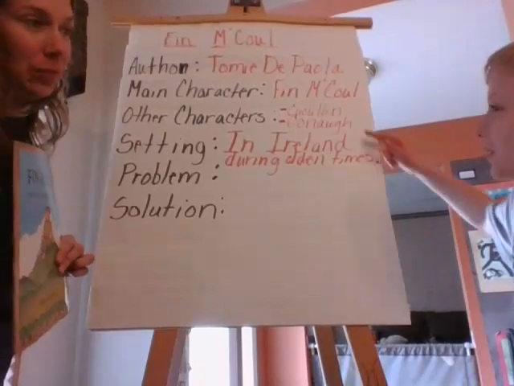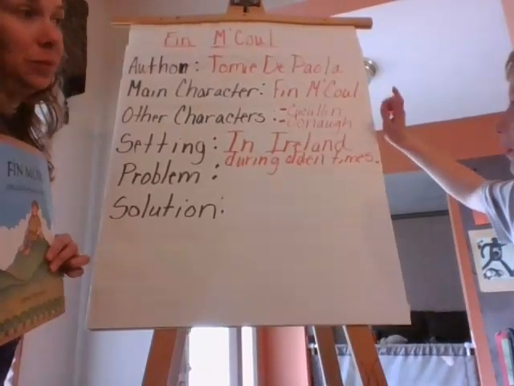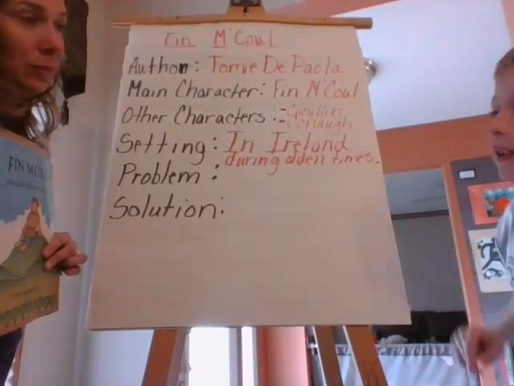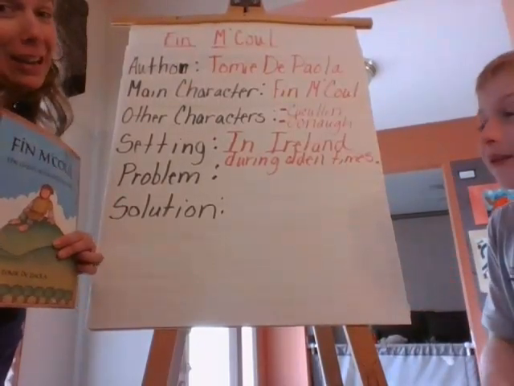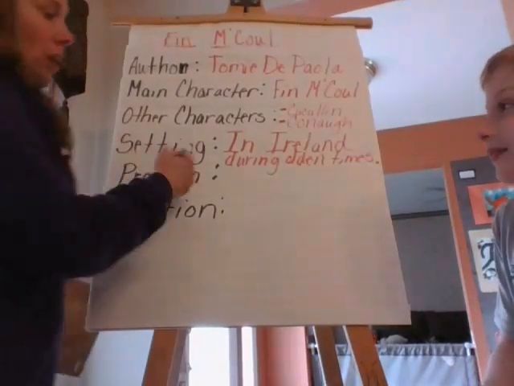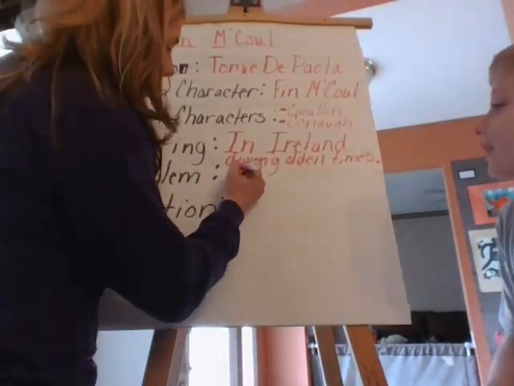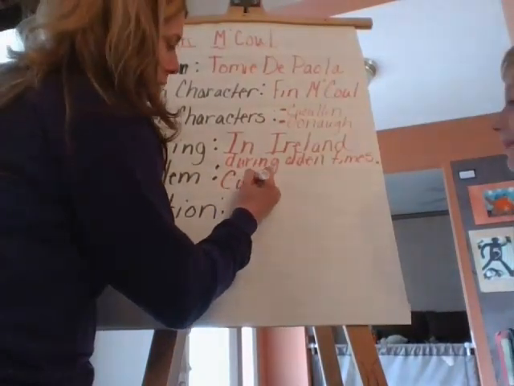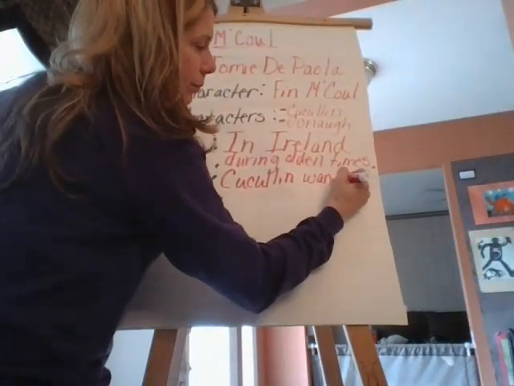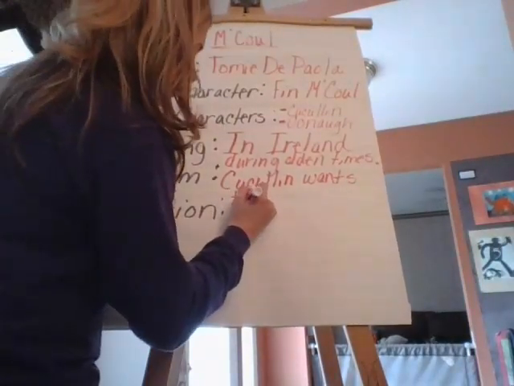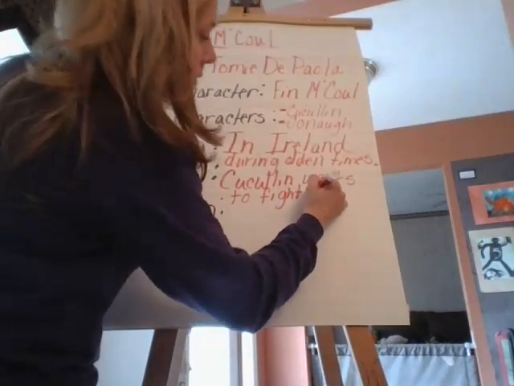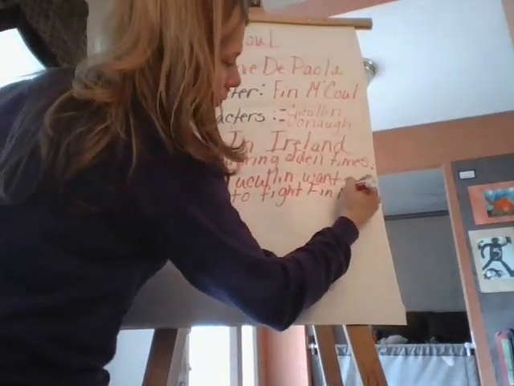You said from the other characters that there's the mean giant, so I thought it was this guy bullying Finn McCool. And that is what happened. Cucullin said he was going to come and fight Finn McCool. So the problem is Cucullin wants to fight Finn McCool.